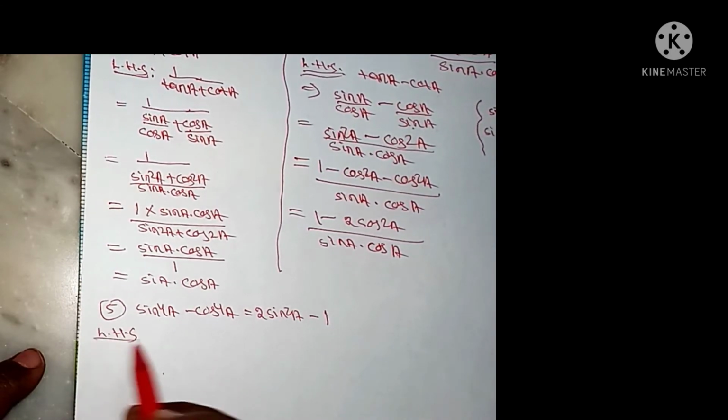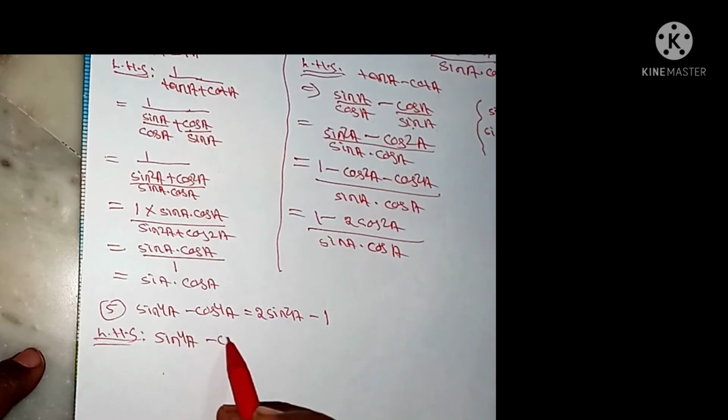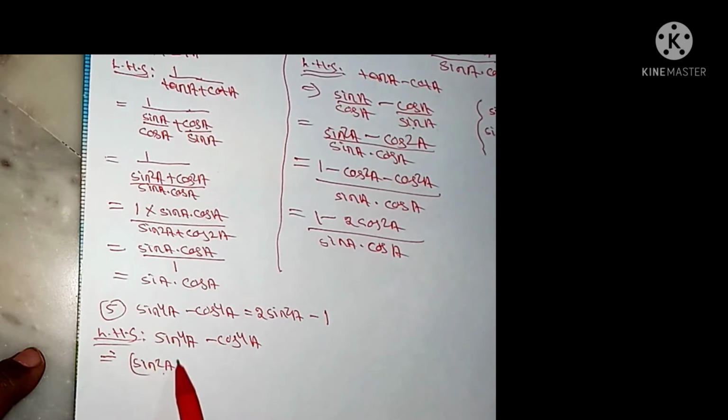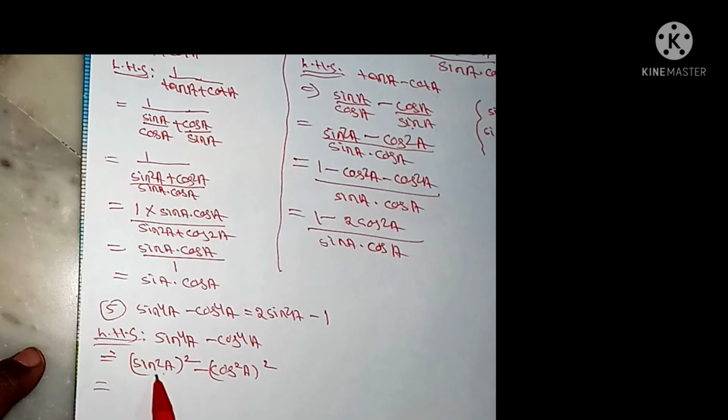LHS: sin 4th A minus cos 4th A equals sin square A whole square minus cos square A whole square. Then this is the identity, a square minus b square, which is equal to a plus b whole into a minus b.